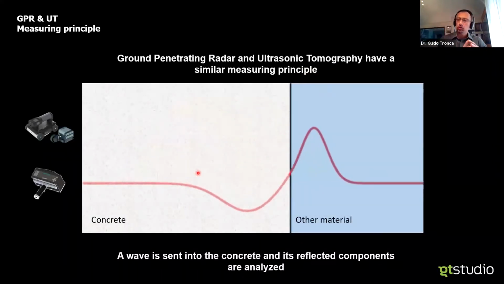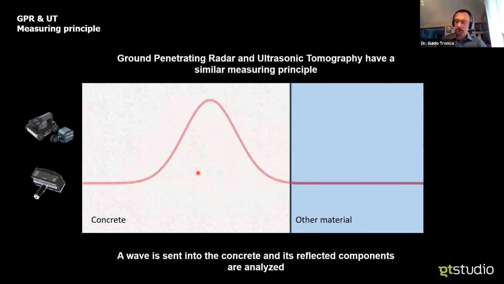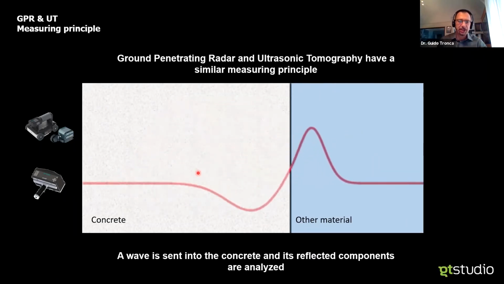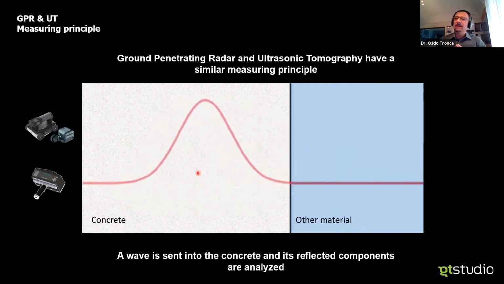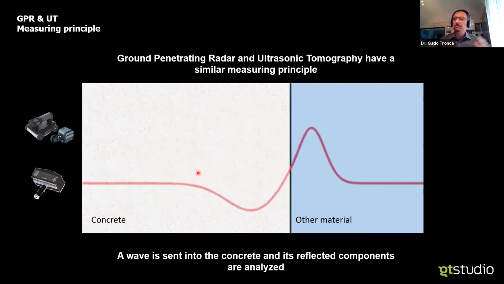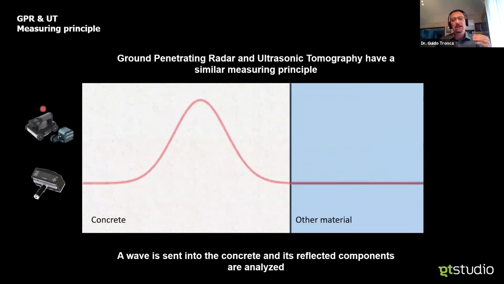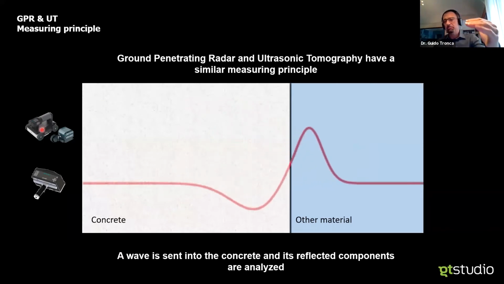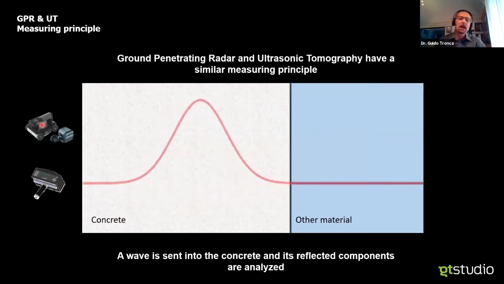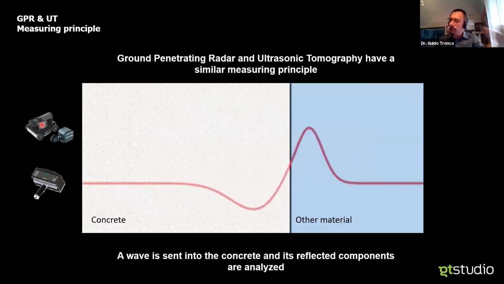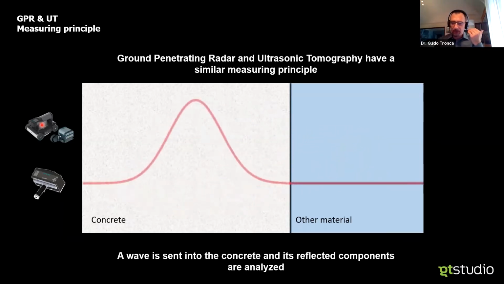Well, if we move to the other two partners of concrete imaging, both have a similar acting principle. They both are based on shooting an impulse into the concrete and listening to its reflected component.